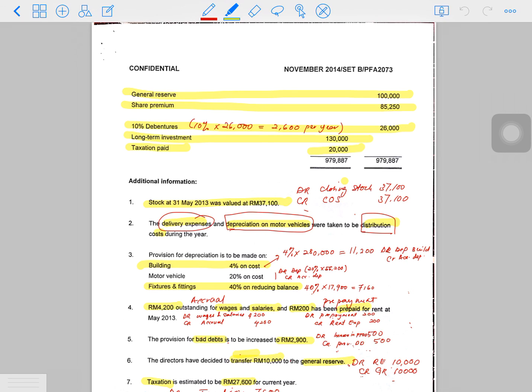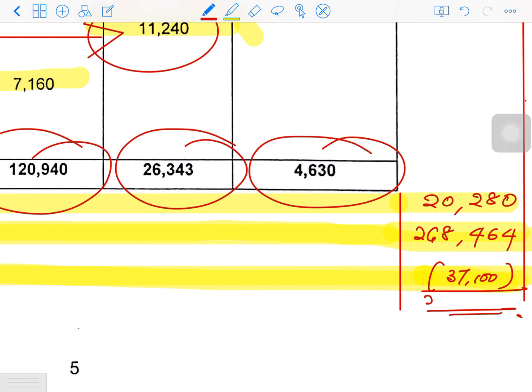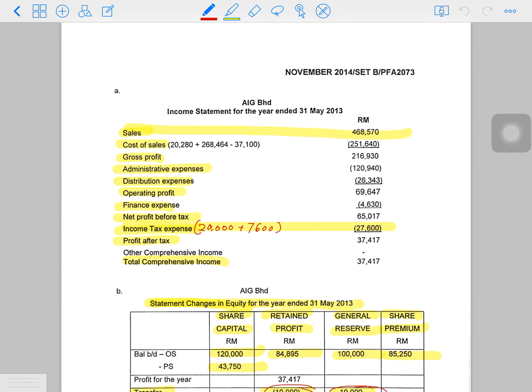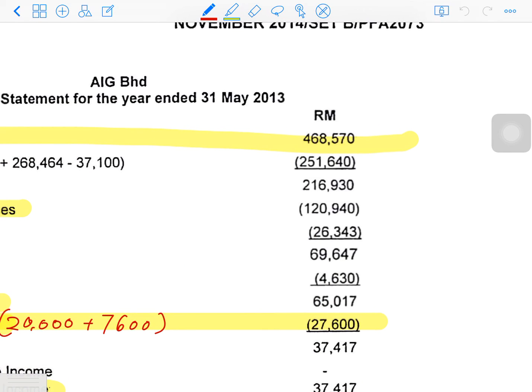So cost of sales is 251,640. You should get 251,640. That will be in your cost of sales.